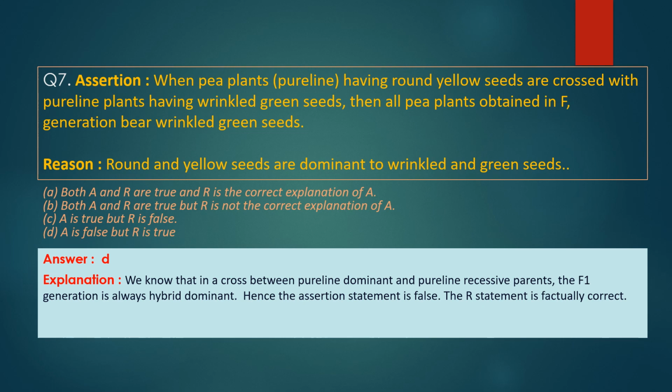We know that the round and yellow characteristics are dominant to the wrinkled and green characteristics. But we also know that when we cross pure line dominant and pure line recessive parents, the F1 generation is always a hybrid dominant. Hence, the assertion statement is false. So your answer will be D. A is false but R is true.